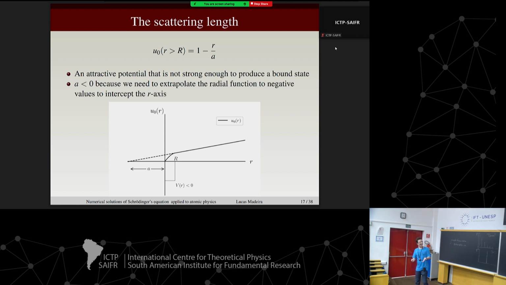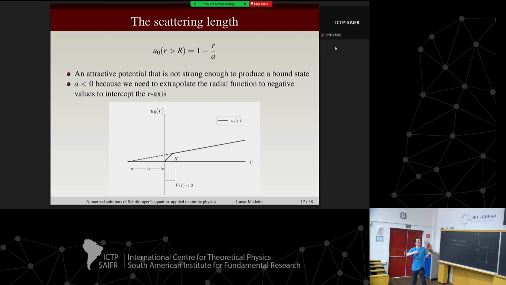And what is a negative scattering length? It is negative because this thing here is never going to cross the R-axis. Why is it never going to cross? Because I have 1 minus, this thing is minus, so I get a plus. It's just going to grow with R, so it's not going to intercept R at positive R's.